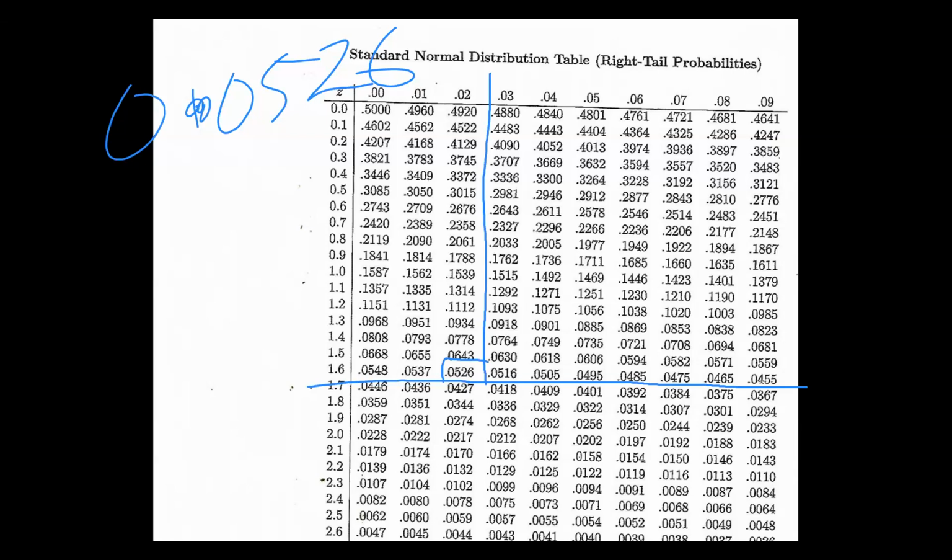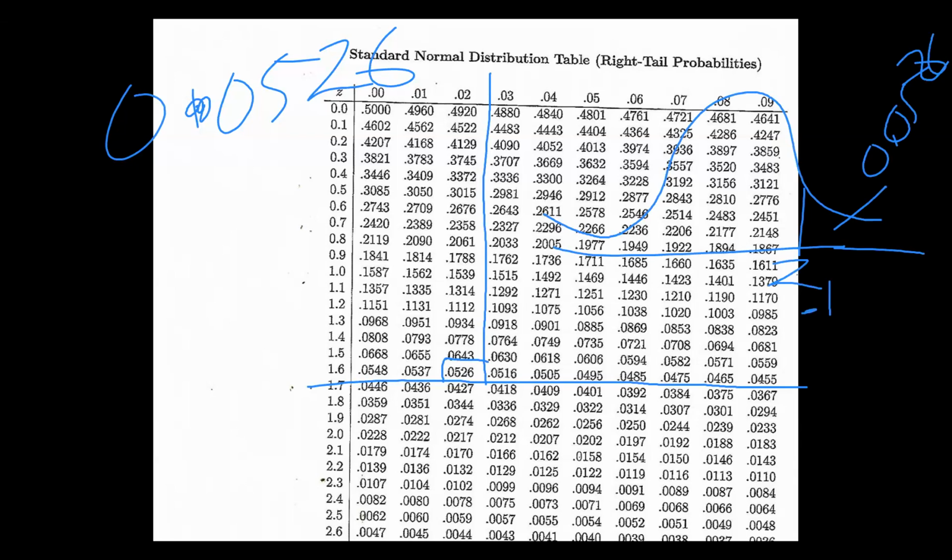This area now is after some z. Some z value is here, so the area is here. This is 0.0526. You're following, right? But we want this z.